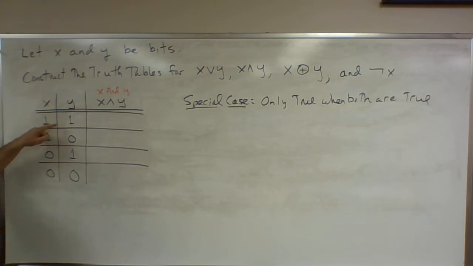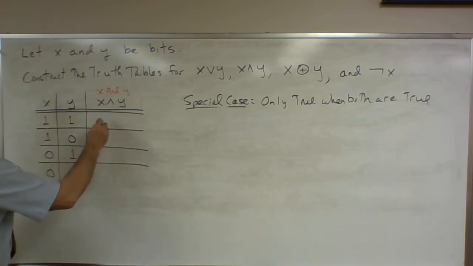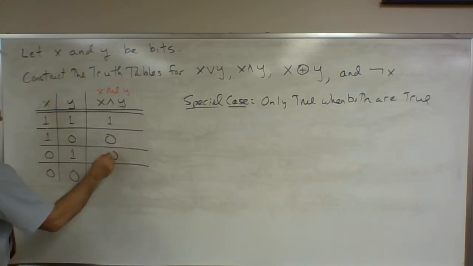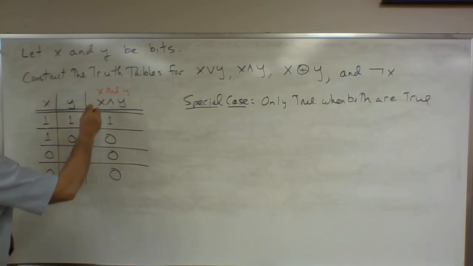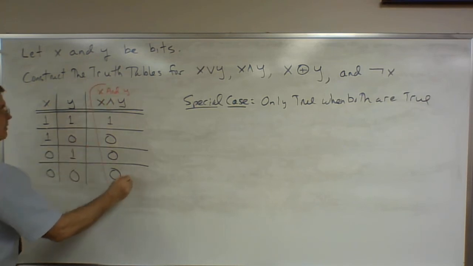And here X and Y are both true. So this is true. The rest of the time, they're all false. So this is our truth table for the conjunction of bits X and Y.